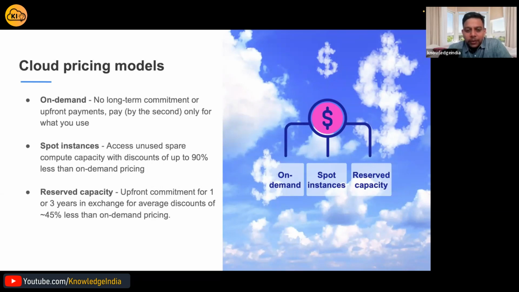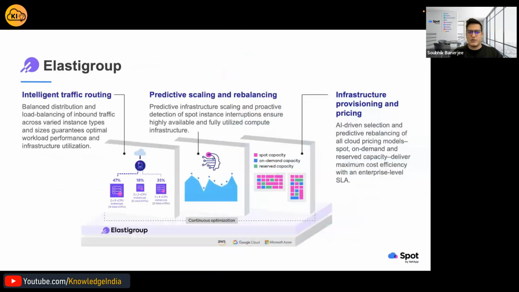So I think, as we move ahead, we'll see that's where Spot.io comes in and helps us, right? Yes, exactly. So that's the point where we come in as Spot by NetApp. Basically, our products help you run your applications on Spot instances while maintaining availability, right? So just moving forward, I'll come to Elastigroup, right?